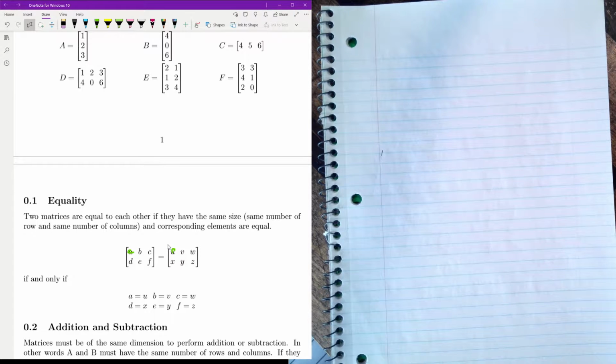So A has to equal U, B has to equal V, C, W, etc. It's a relatively straightforward concept. Basically, if they look like each other, pretty much exactly, you have equality.